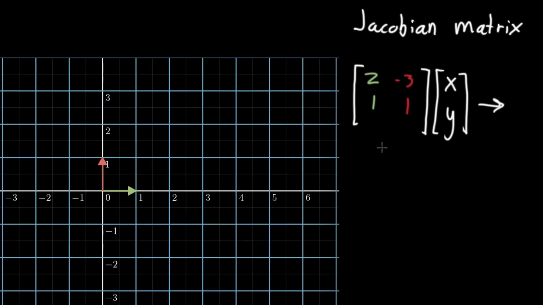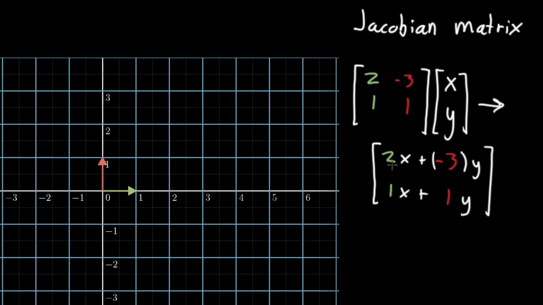In this case, it's 2x plus -3 times y, and then 1x plus 1 times y.